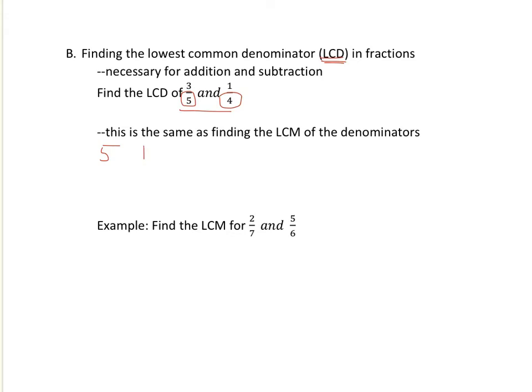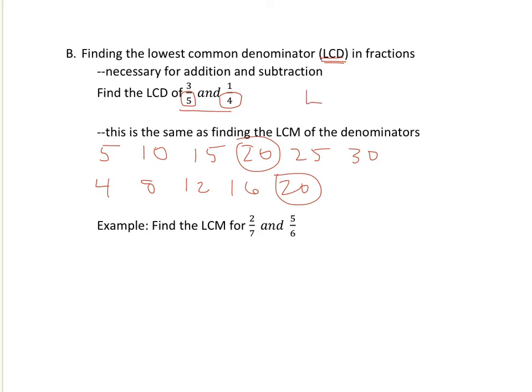So 5, 10, 15, 20, 25, 30, etc. And with 4, we can go 4, 8, 12, 16, 20, bingo. There's our least common multiple. Okay, so the LCD of 3/5 and 1/4 is 20. It's the least common denominator.